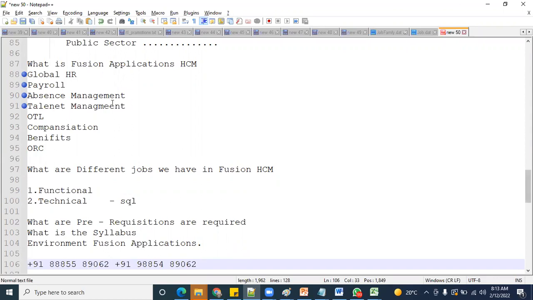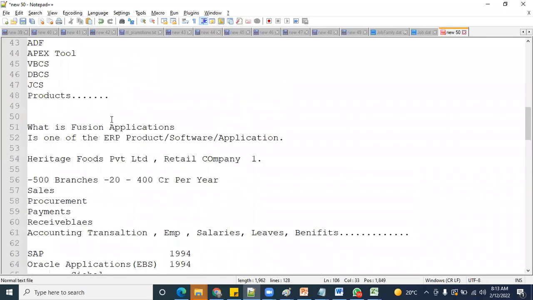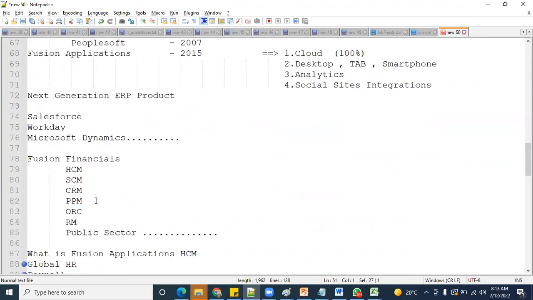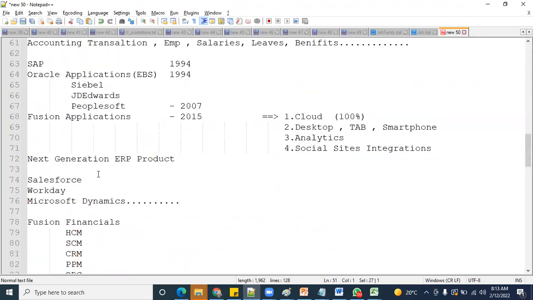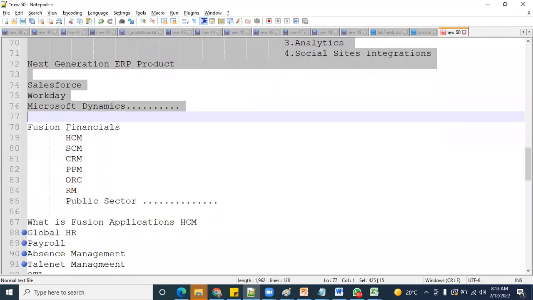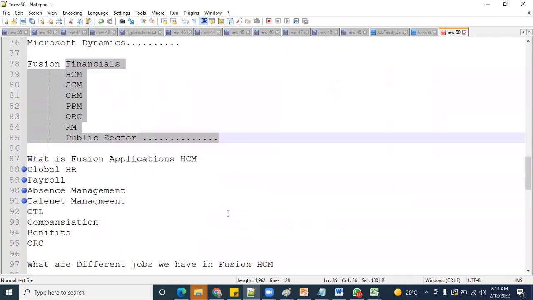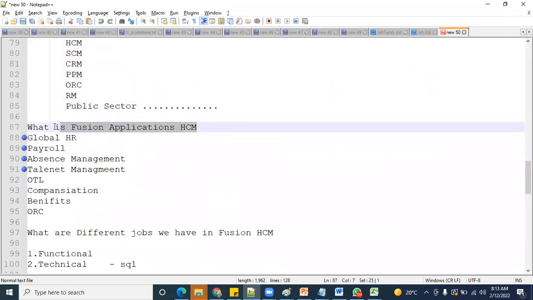So what we have discussed here: what is ERP software, what is Fusion applications, who are the competitors in the market for Fusion applications, what are different domains we have in Fusion, finance, human capital, supply chain management, and what are human capital management modules.